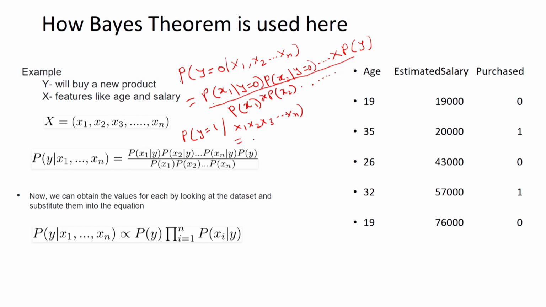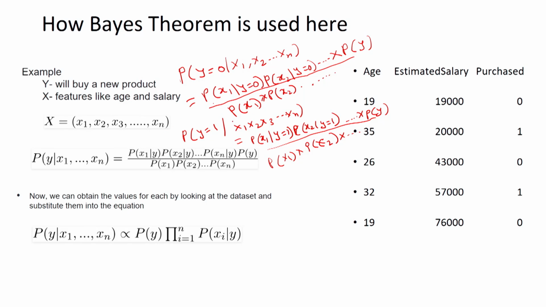Same expression, but probability of x1 given y is equal to 1, into probability of x2 given y is equal to 1, and so on, into probability of y, upon probability of x1 into probability of x2 into up to probability of xn.